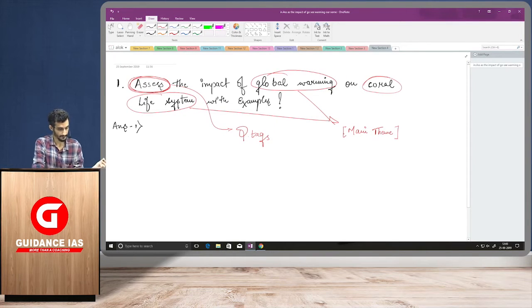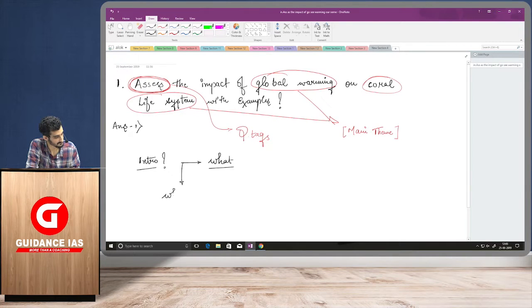So to start with our answer, we can start with the introduction in two ways. For starting any introduction, you can have two methods at your hand. First is what, and second is why.